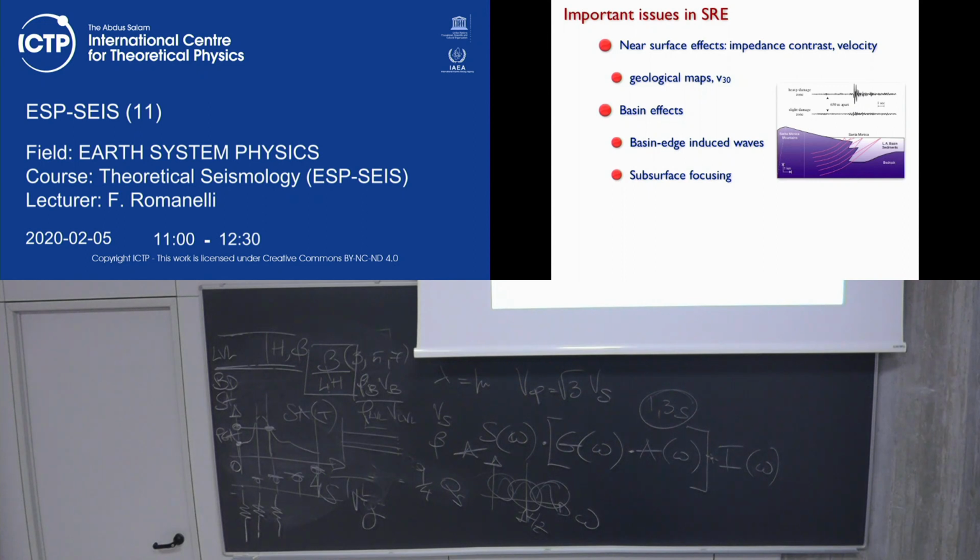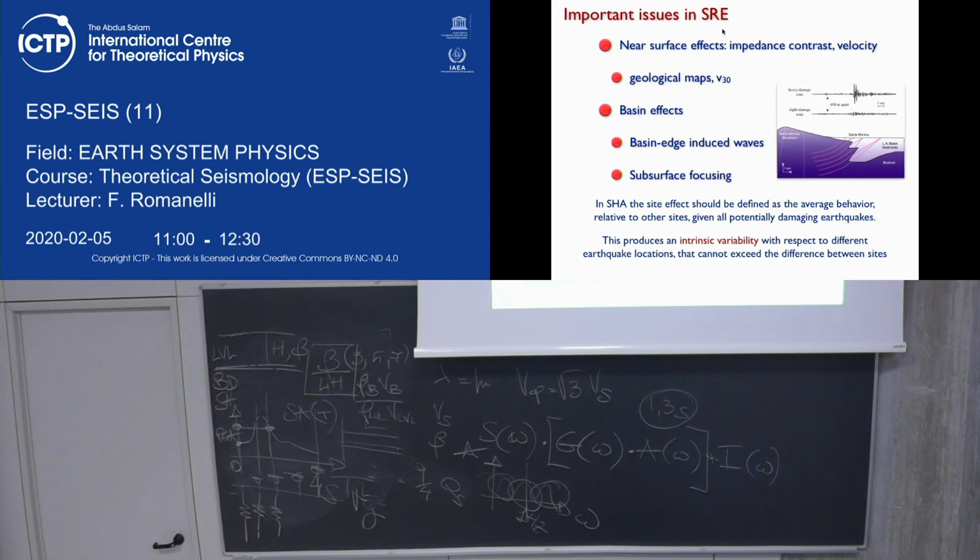Because, of course, you have interference of a wave field in a 3D medium, and heterogeneities will focus and defocus and amplify the ground motion. So site effects cannot be solved with the simple formulas that I was giving to you, but they can work at the first order, just at the first order. But please do remember site response estimation here.